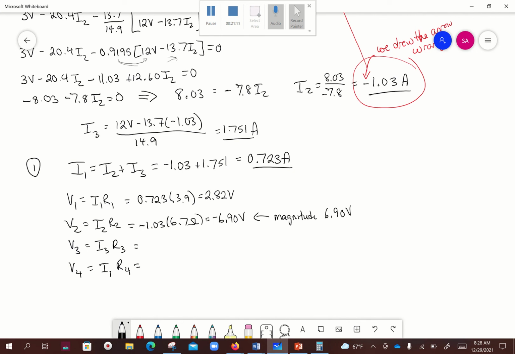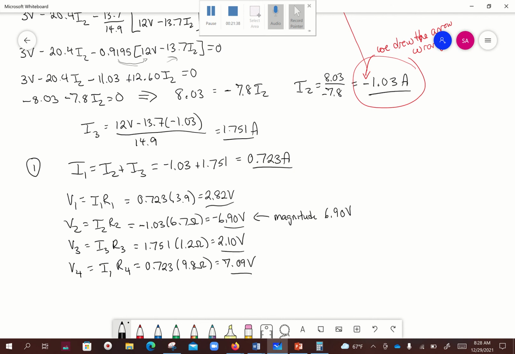You would just take the absolute value. I3 is 1.751 and R3 was 1.2 ohms, so I get 2.10 volts. And finally, I1 times R4 is 7.09 volts.